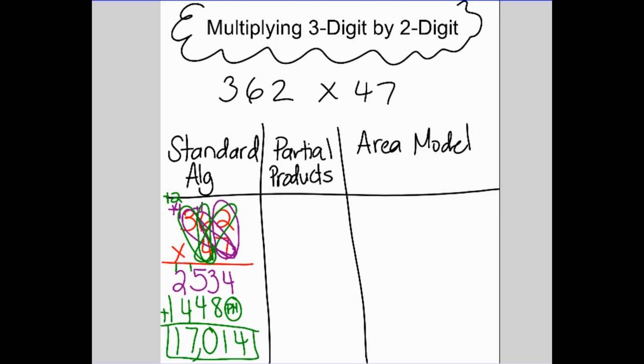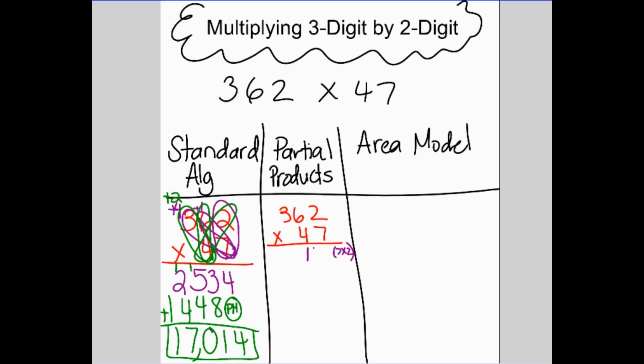Now let's do partial products. Partial products is without the regrouping, but it's going to be longer because we've got to add up all of our products that we get, or all of the partial products rather. So 362 times 47. So I have 7 times 2.